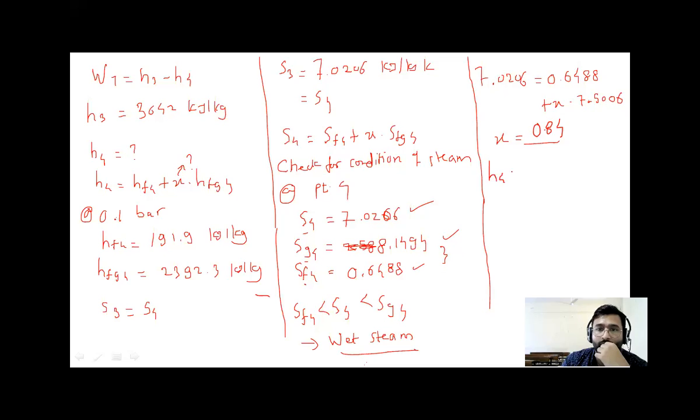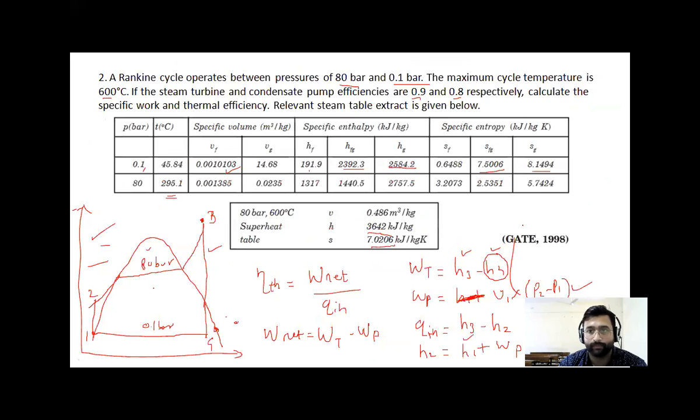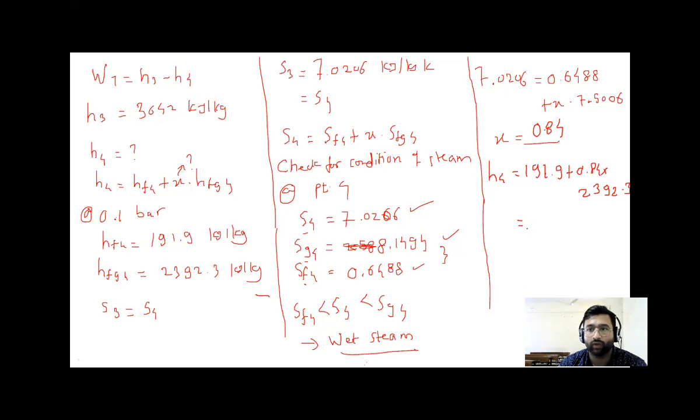Now calculate H4. So H4 will be equal to HF4. What is HF4? 191.9 plus 0.84 into HFG, which is how much? 2392.3. Oh, sorry, this is correct.